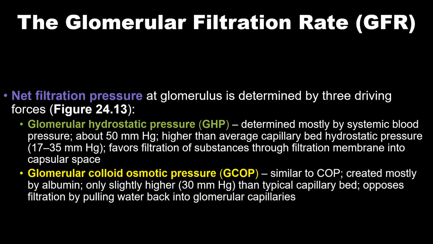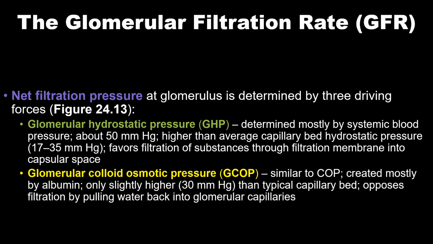Now, glomerular colloid osmotic pressure, GCOP, is going to be just like the COP in typical capillaries. This is going to be created by proteins like albumin in the plasma. And this averages about 30 millimeters of mercury of pressure, and it is slightly higher than normal capillary bed pressure, but that's because the blood in the glomerulus tends to be a little bit more concentrated because water is rapidly going to leave through the filtration membrane.